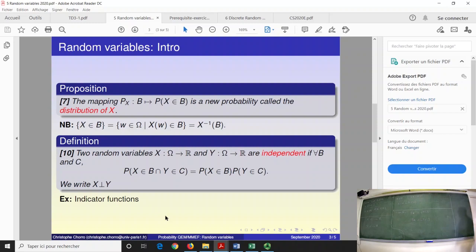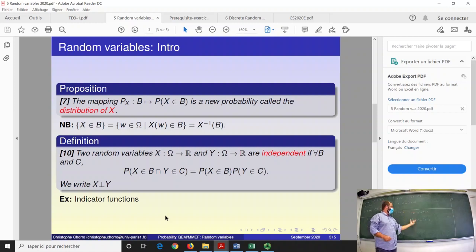Okay? So if I am interested in the independence of these two indicator functions, my first question is what are all the possible preimages? Maybe I change my notation a little: I will take A1 and A2 here, in order not to make confusion with my B that is here.